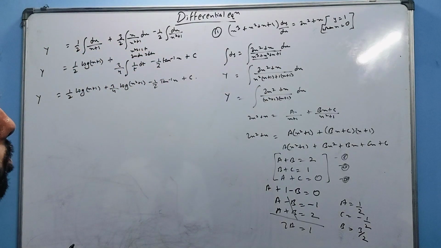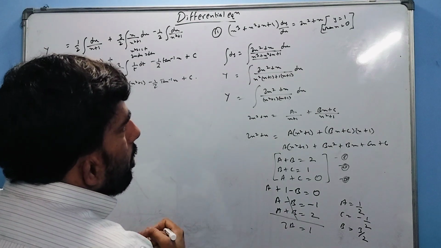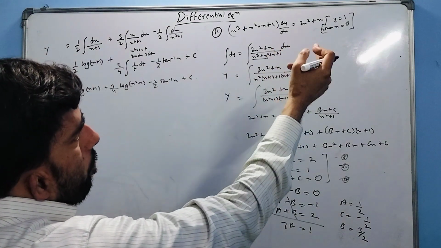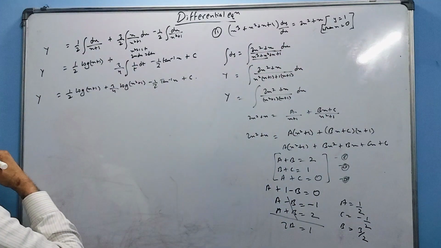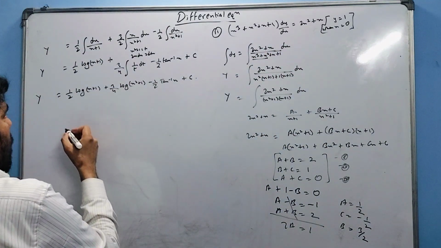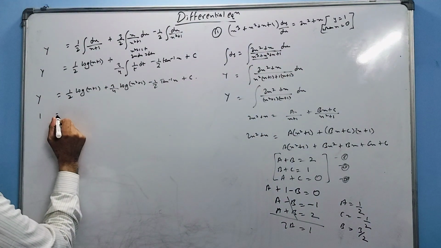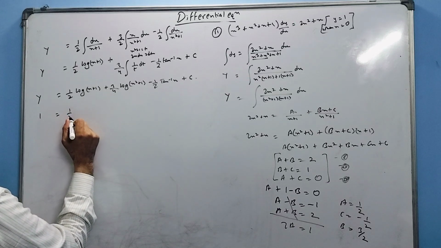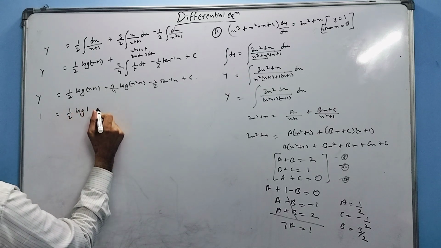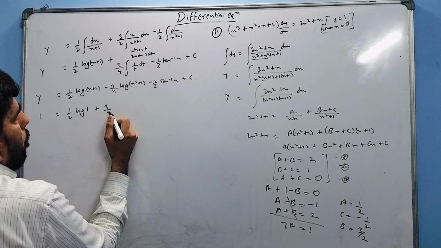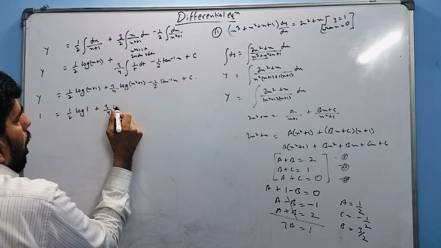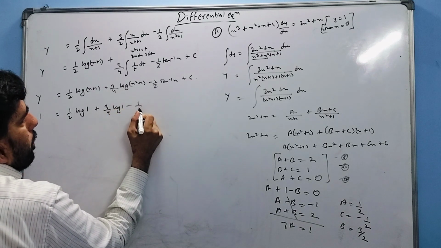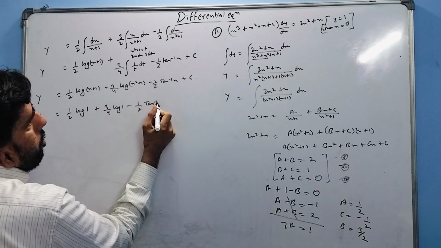So now let us see what we can do here. We have been given the condition that y is equal to 1 and x is equal to 0. If I put y is equal to 1, x equal to 0, I get half of log 1 plus 3 upon 4 log 1 minus half of tan inverse 0 plus c.